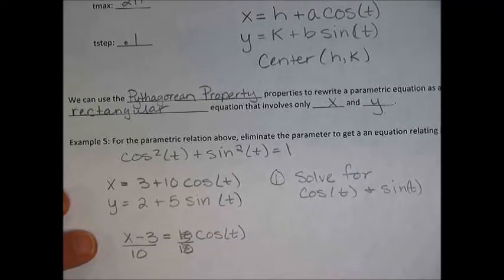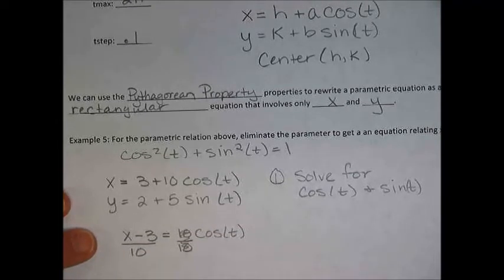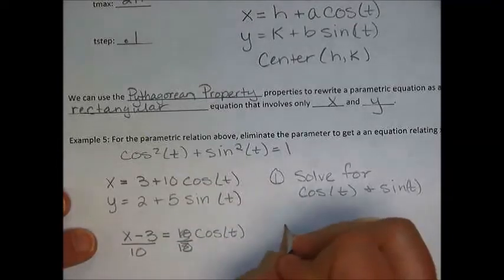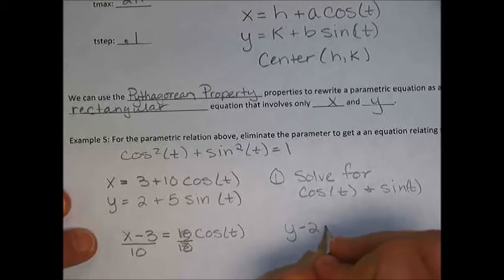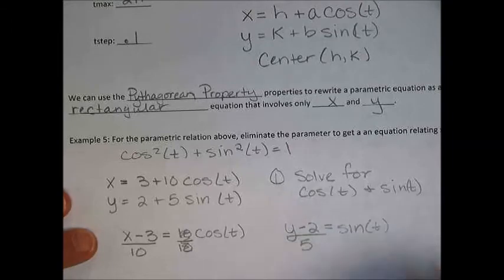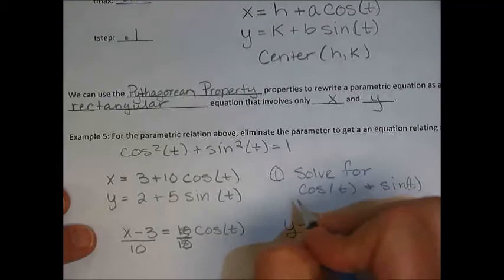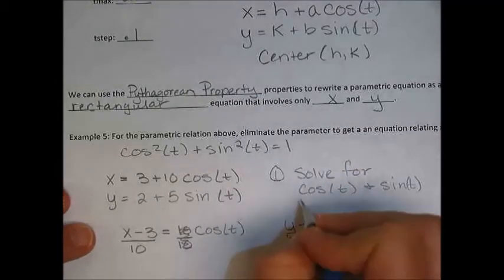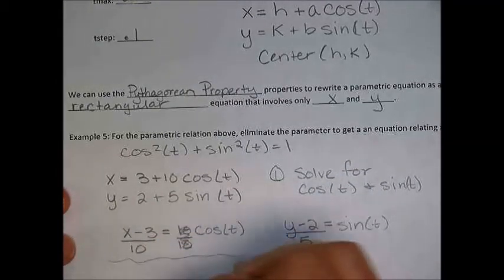So I have cosine of t equals x minus 3 divided by 10. Doing the same thing for sine, I could subtract the 2, get y minus 2 equals 5 times the sine of t, and divide by 5, so that the sine of t is equal to y minus 2 divided by 5.